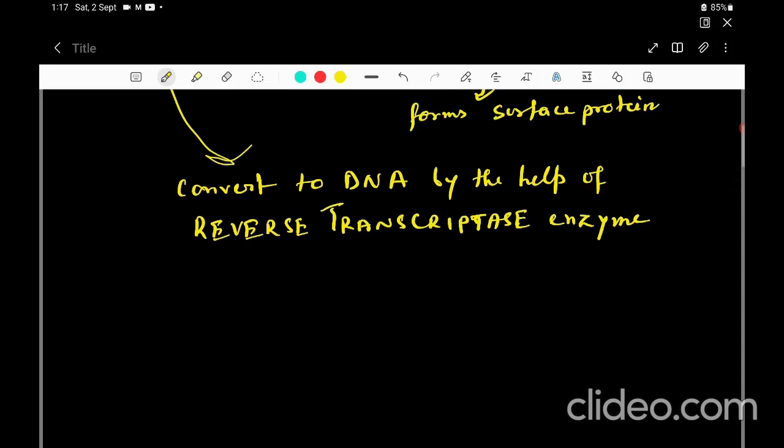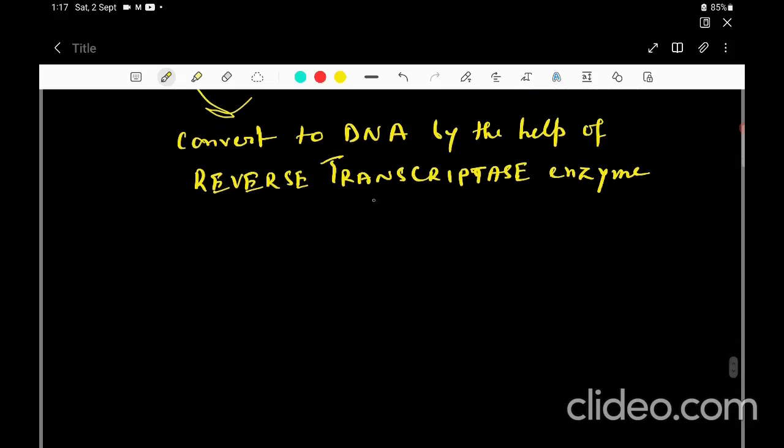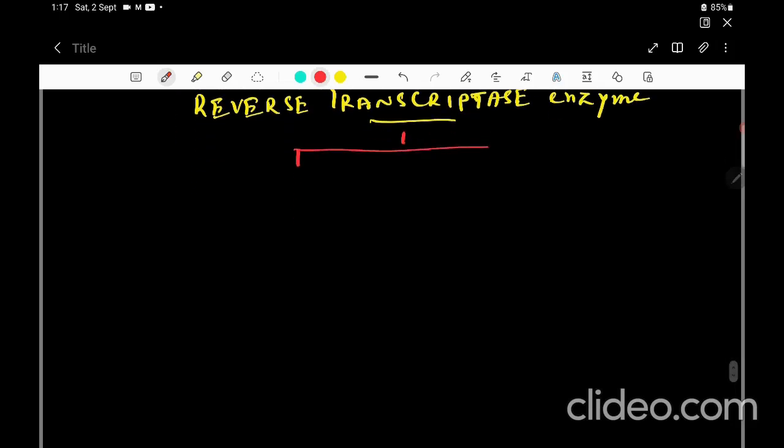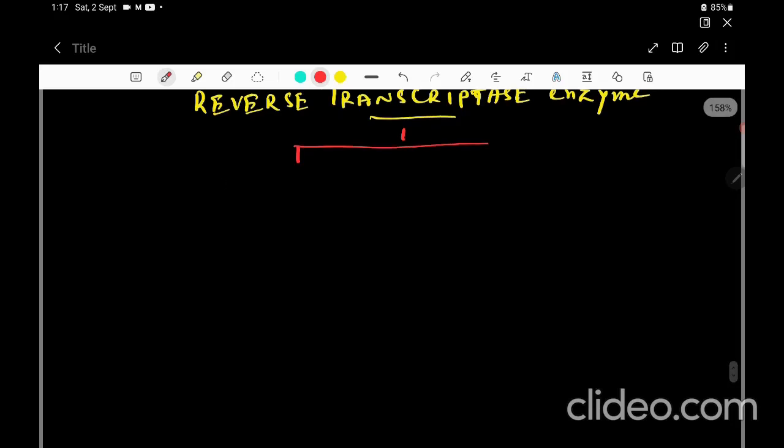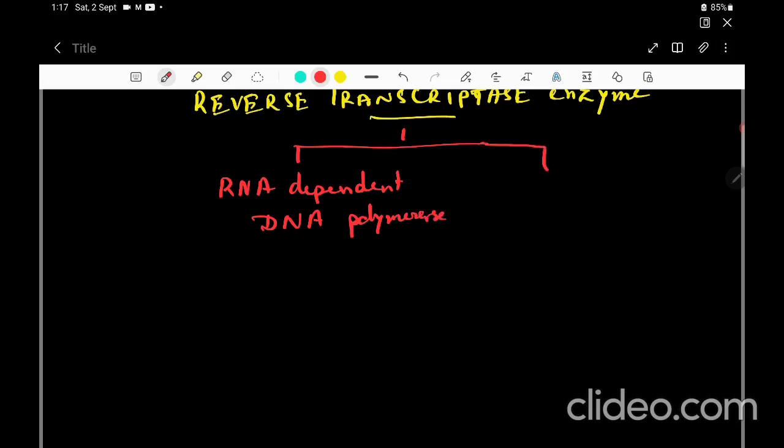Now this reverse transcriptase enzyme has two components. The first component is RNA dependent DNA polymerase, and the second component is the DNA dependent DNA polymerase.